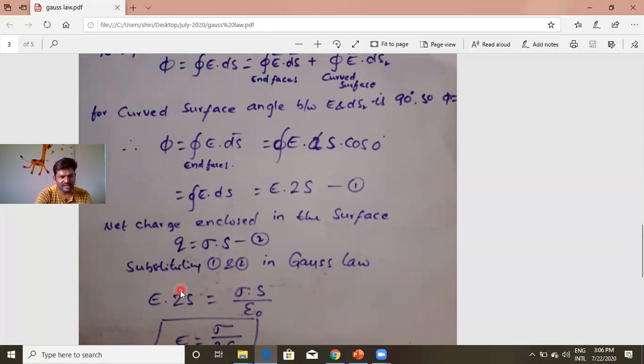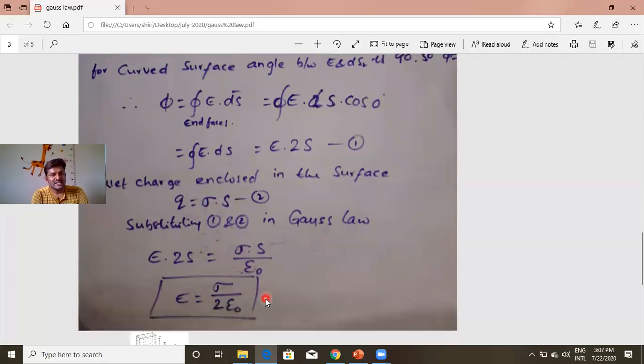On the left hand side, integral E dot ds, we found it as E times 2S, and here for the charge I am substituting sigma times S. What I get is E is equal to sigma by 2 epsilon naught. Sigma is the surface charge density. Epsilon naught is the permittivity, and it is a constant.